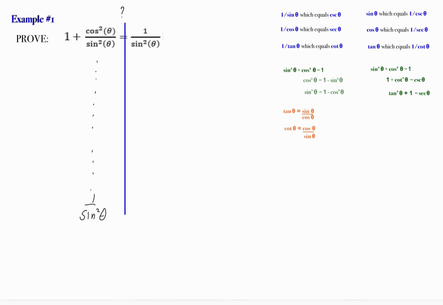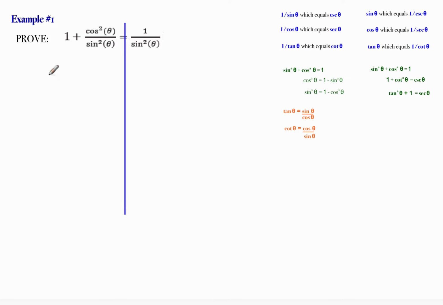Now, which side you pick to work on all depends on what your brain sees. I can solve this one either way because it'll end up being a true statement. So most often, kids like to start with the more complicated side and see if they can funnel it down to the easier side. And notice over here on the right, I just have all of your substitutions that you're allowed to do.